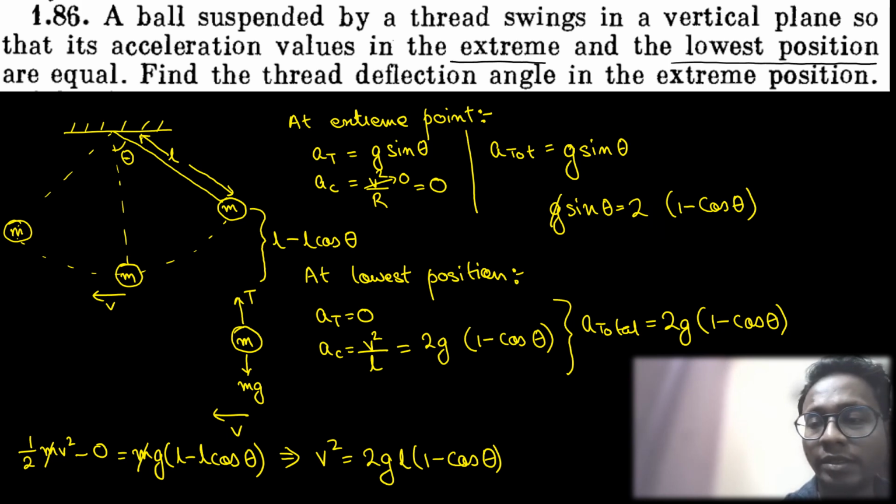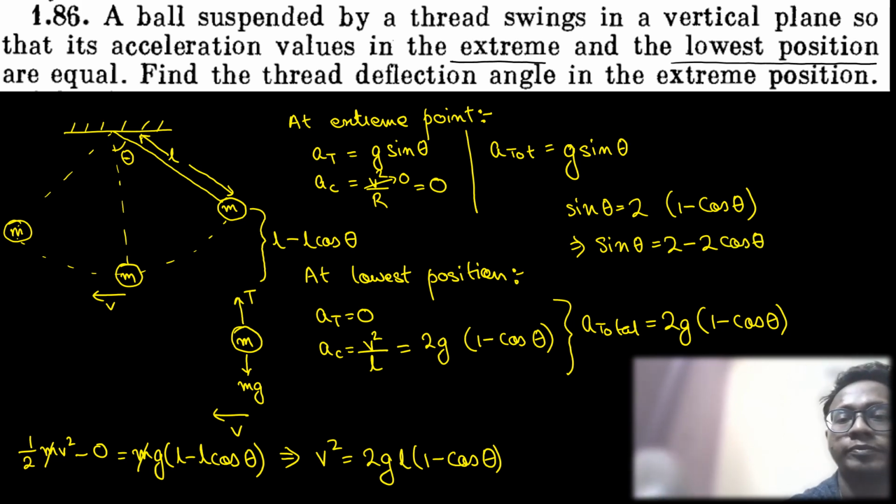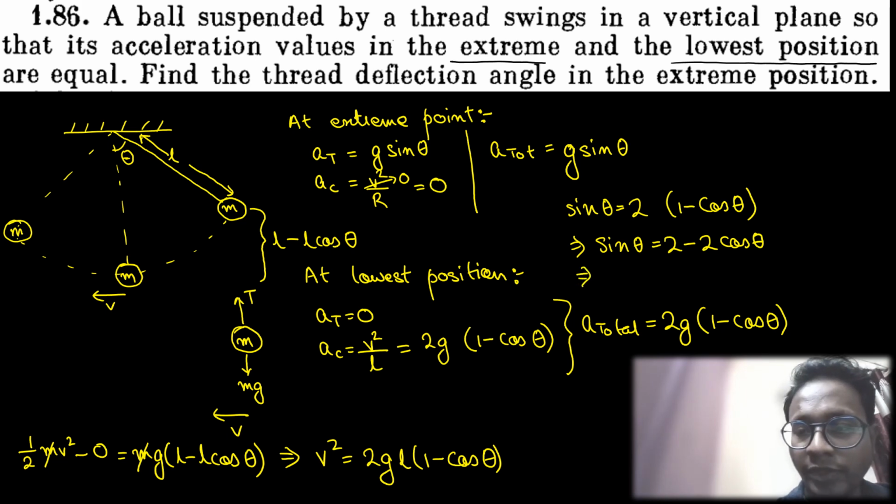So sin theta is equal to 2 minus 2 cos theta, or sin theta plus 2 cos theta minus 2 is equal to 0.